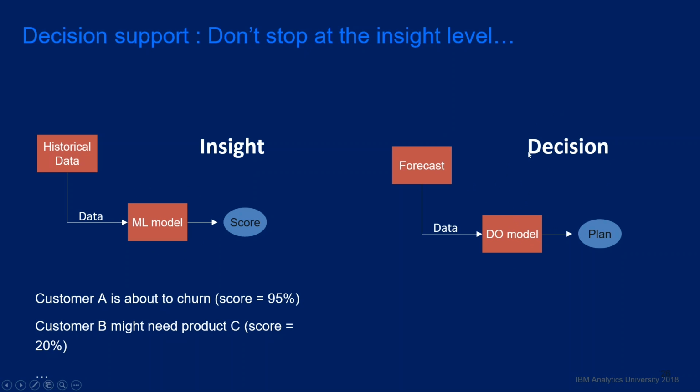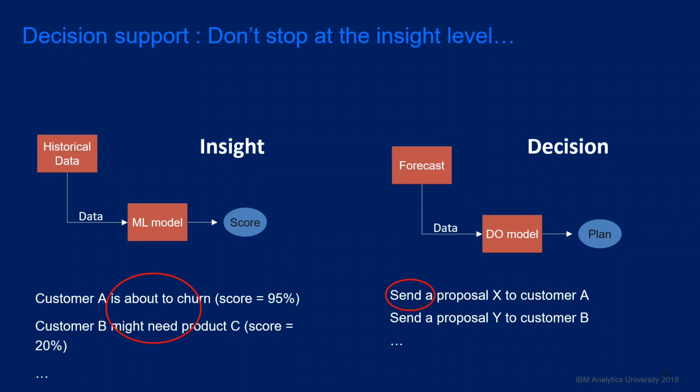But you make more money, saving more money in this area, and you might do more automation. This process might change very rarely, because now you have a steady model that you apply. Here, the competitor is doing the same thing, so you might need to change your machine learning application. The decision that you will get here is, you send the proposal Y to customer B. So this is basically a decision that you get from decision optimization.